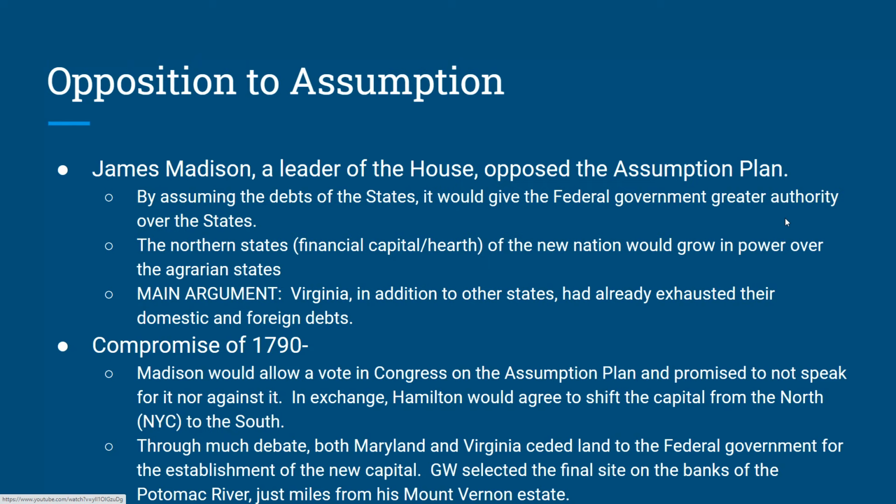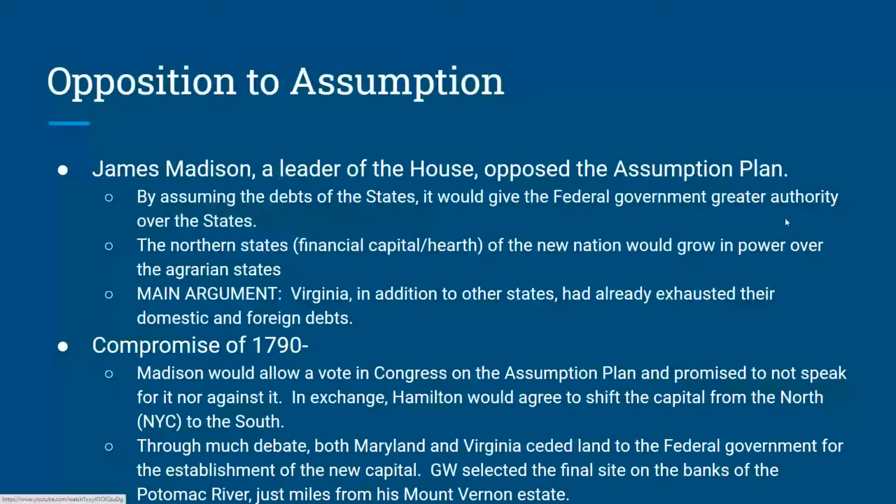The northern states, which of course represent the financial capital of the United States, would grow in power over the agrarian states. The agrarian states, of course, are the farming states. Madison's main argument is that Virginia, his home state, in addition to other states, had already exhausted their domestic and foreign debts.